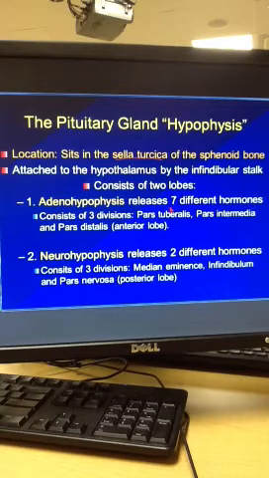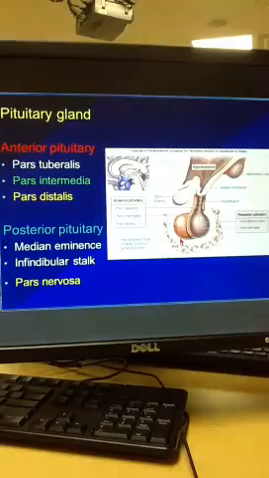It releases 7 different hormones. We'll look at those. You don't need to know all the different divisions, but it is broken down based on the cell structure into 3 different divisions. The posterior pituitary is referred to as the neurohypophysis, and it stores those 2 hormones I mentioned before, antidiuretic hormone and oxytocin.